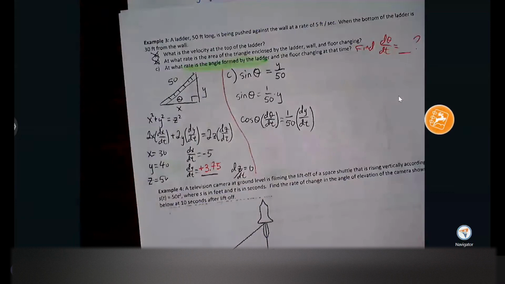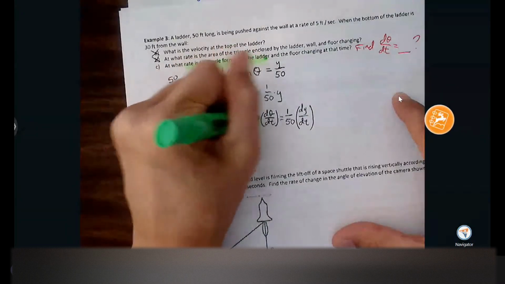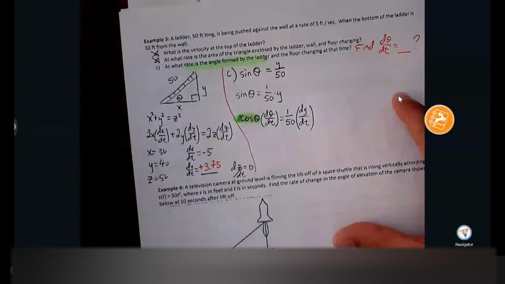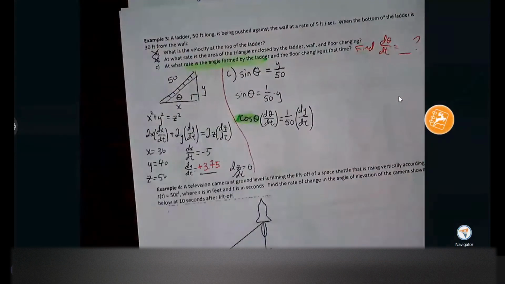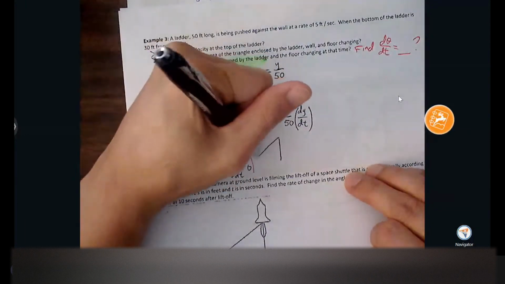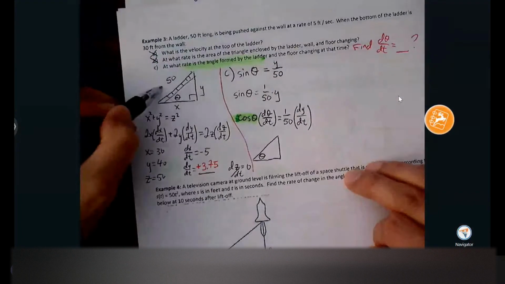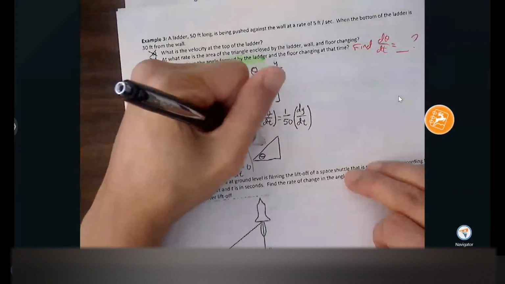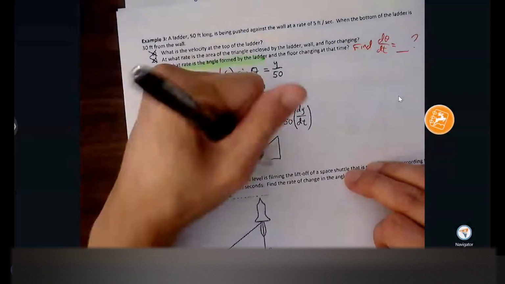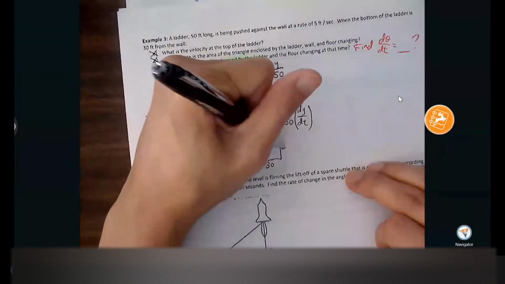So we're going to create a second triangle and see if we can gather that information from the sides of the triangle. So here's my second drawing of my triangle. 50 is my hypotenuse, 30 is my base, and 40 is my height.